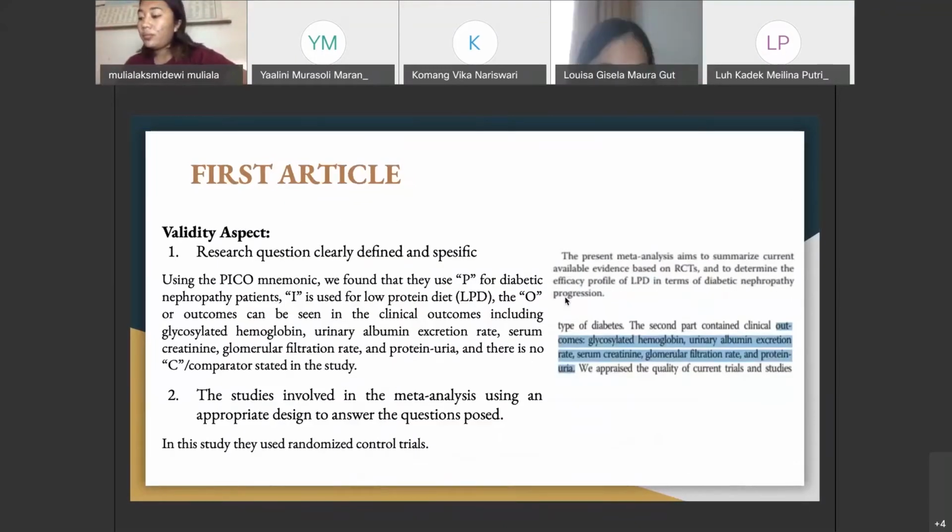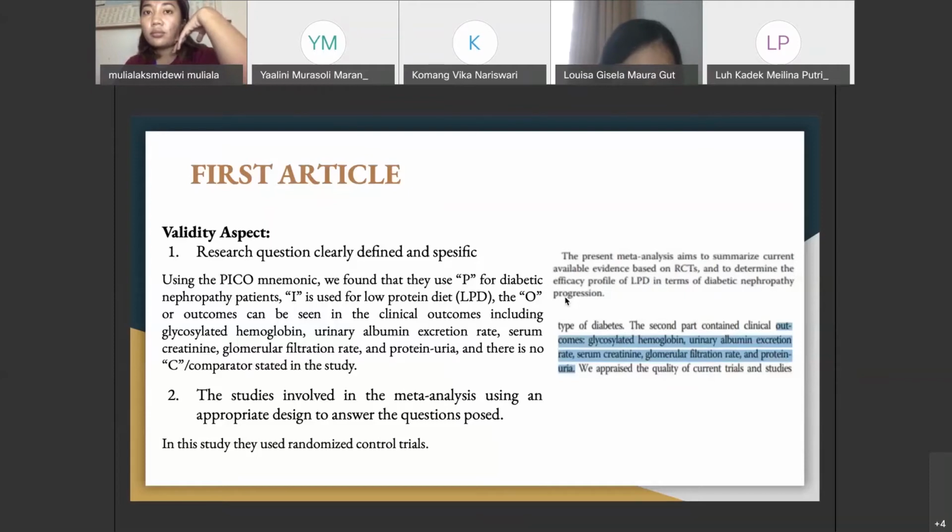So for the first article, the validity aspect. The research question: first, is the research question clearly defined and specific? The research question should clearly reveal the population studied, the type of intervention, the comparator, and the outcome assessed. Using the PICO mnemonic, we found that they use P for diabetic nephropathy patients, I is used for low protein diet, and the O or outcomes can be seen in the clinical outcomes including glomerular filtration rate, urinary albumin excretion rate, glycosylated hemoglobin, serum creatinine, and proteinuria.